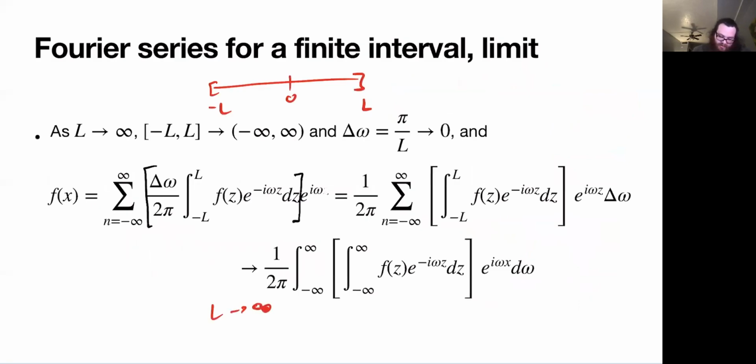So this should be, so I'll remove these. Last one's fine. This should be e to the I omega x, e to the I omega x. Okay. But the point is that if we keep track of this 1 over 2L term in the right way, then we can recover this sort of integral representation for this function f.